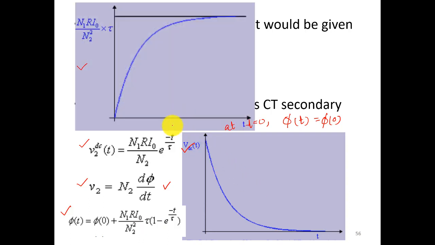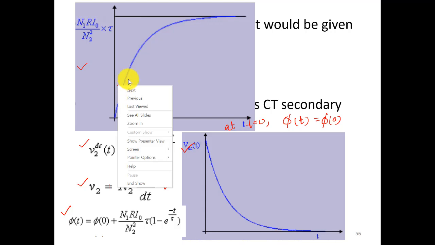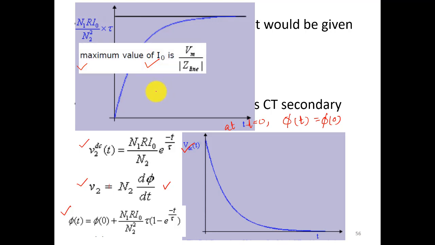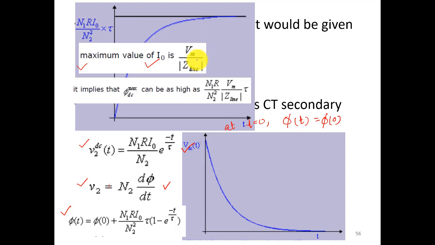Now if we plot the flux, it will look like this. So this is your flux equation with respect to time. And we know the maximum value of I naught is Vm by Z line. This is already known, and it is the initial current.